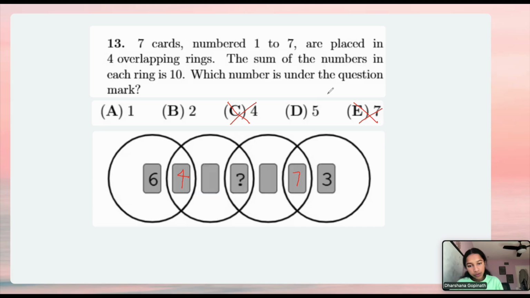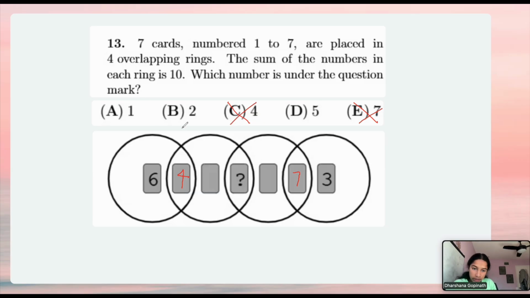Now, to find out what this number is, what's left? This circle needs 3 more to add up to be 7, and this one needs 6 to add up to 7.